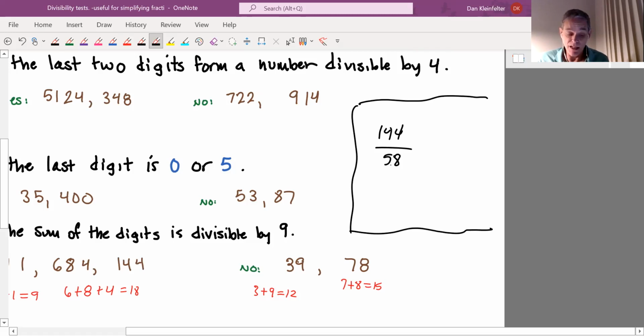Based on what we just talked about, we know that both 144 and 58 are divisible by 2. And that's going to help us in some way. The 144 we saw is divisible by both 9 and 3, but unfortunately 58 is not divisible by either one of those. So knowing whether the numerator and denominator of a fraction are divisible by something, the same thing preferably, can help us simplify the fraction, as we'll see.